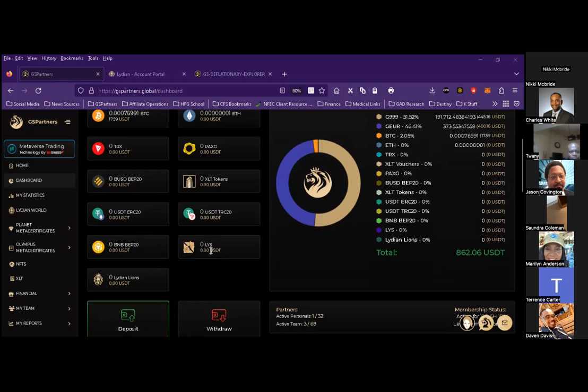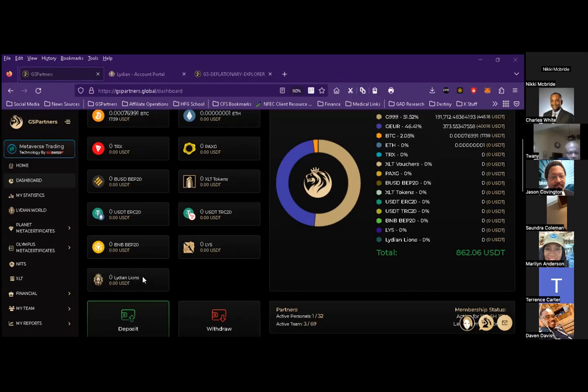The Lydian Stater. Well, if you happen to have Lydian Staters, they'll be showing up here. It's better used in another platform, but if you happen to have some here as part of hitting rank, then again, congratulations, and you can move that to a form where you can best utilize it. And finally, the Lydian Lion.